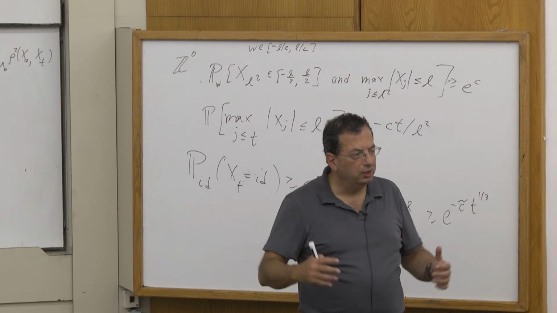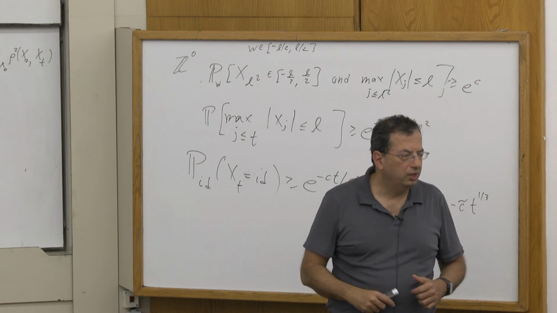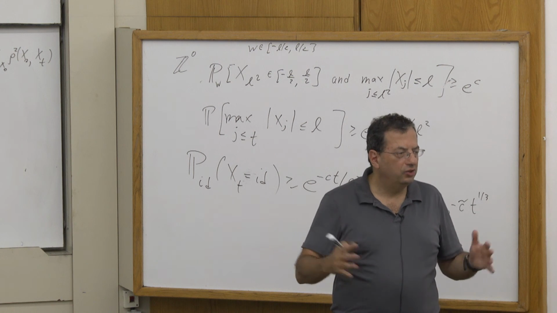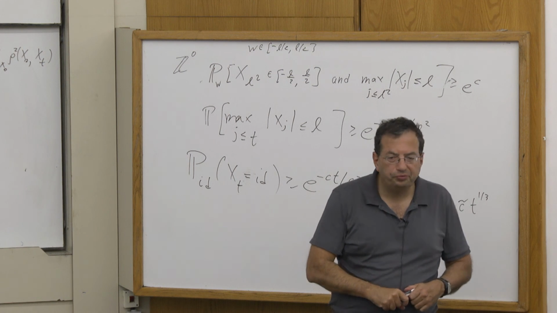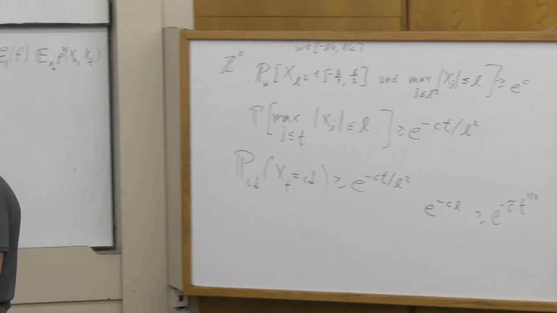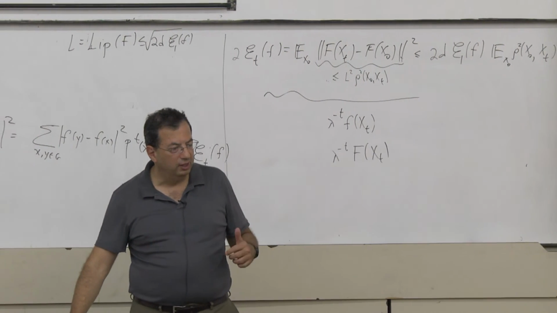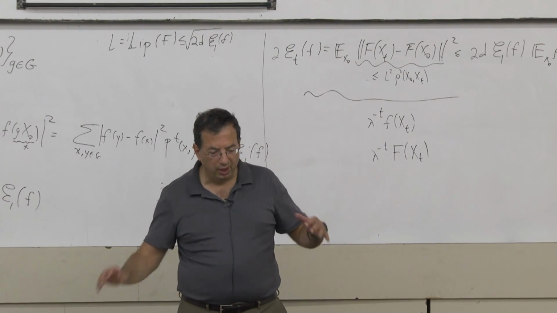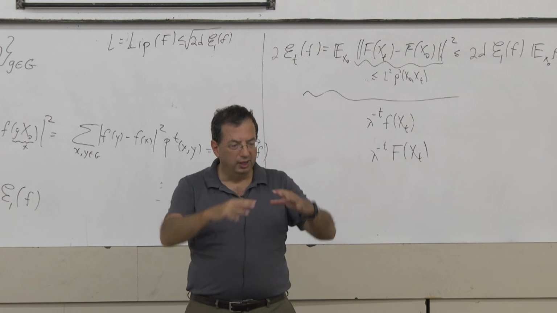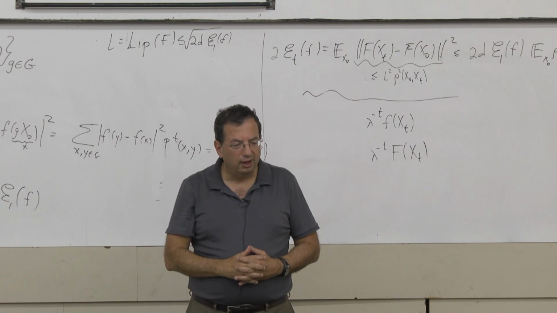There's enough averaging, so it's always bounded below by essentially a constant over the degree, and so you get this linear growth. Heat kernel bounds are interesting in their own right. They're related to the geometry of the Cayley graph, the isoperimetric profile, and I'll explain that next time.